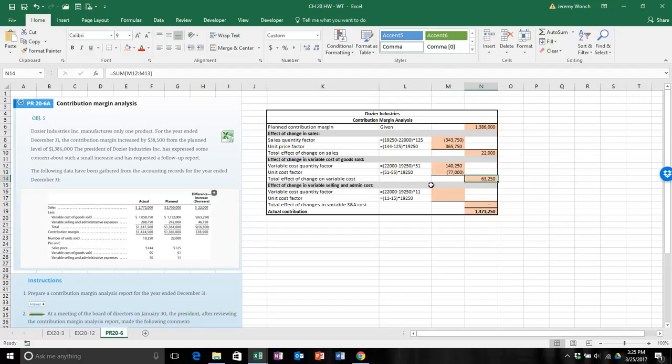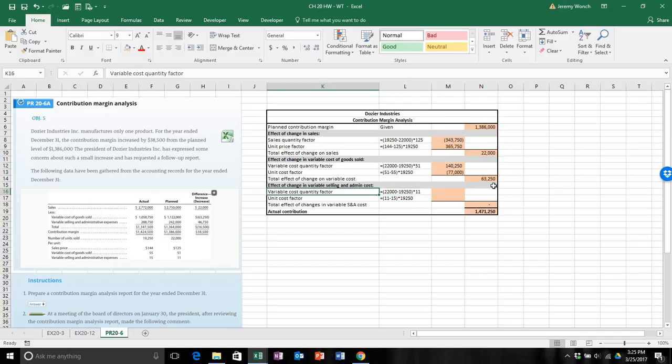Because they sold fewer units, it would have been a $140,000 savings, but since their cost per unit went up, it netted out to a $63,000 difference on the variable cost of goods sold.